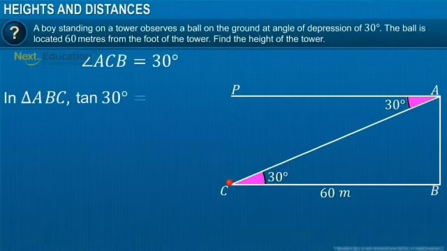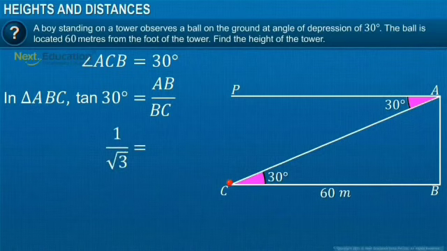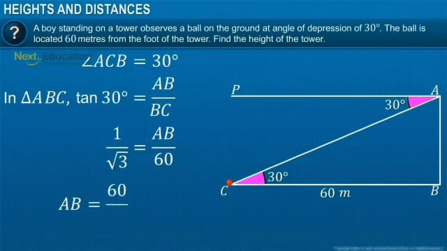tan 30 degrees equals AB over BC. By substituting the values, then 1 over root 3 equals AB over 60. Then we can deduce that AB equals 60 over root 3.